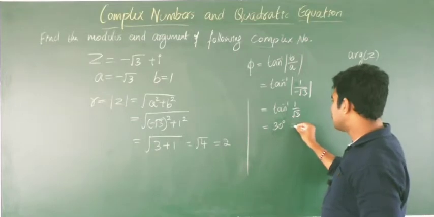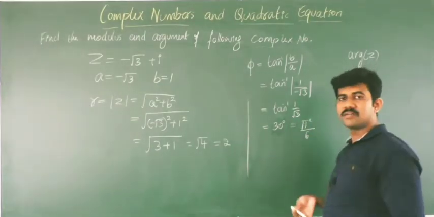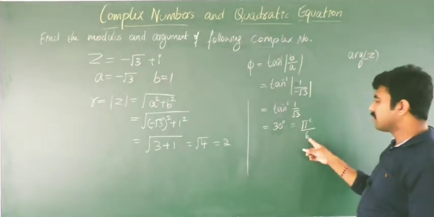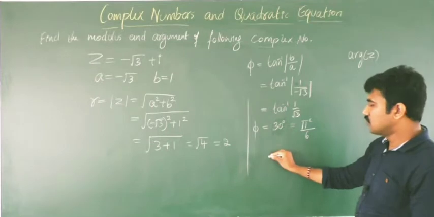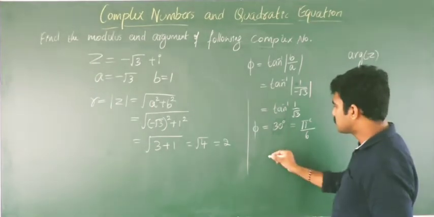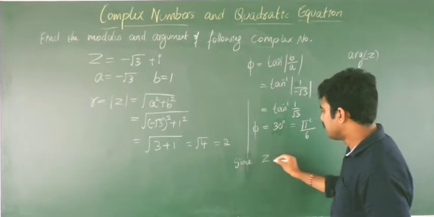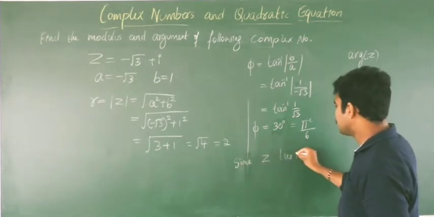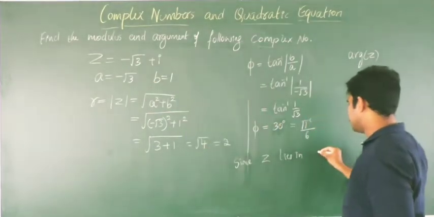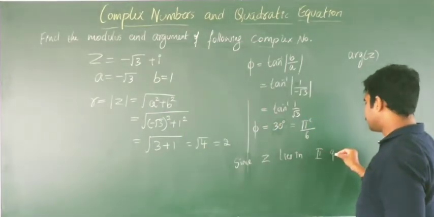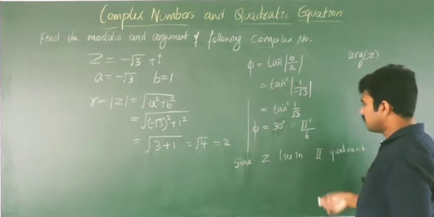This can be written as pi by 6, because pi is nothing but 180 degree, and 180 degree by 6 means 30 degree. So this is the value of theta you got. Now to find the argument, you can observe in which quadrant z lies. a is negative, b is positive, means second quadrant. It lies in the second quadrant.